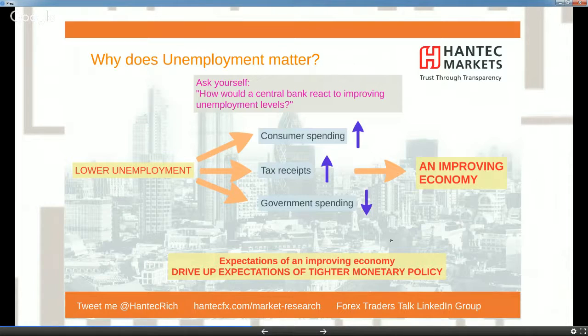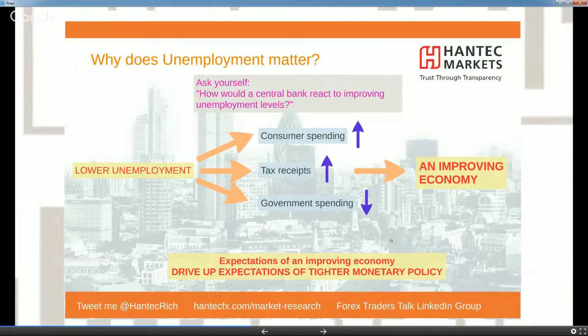Now, as a general rule, you would say that falling unemployment would lead to higher consumer spending, and also help to create tax receipts as more people pay income tax. It's not necessarily that government spending is going to fall, but it means the government can lower spending, because it's going to be generating more through taxation, but also having to pay out less on social security benefits.